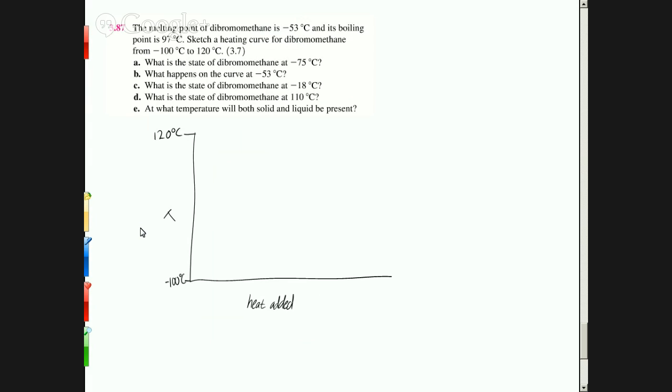Where are the major important points here to note?